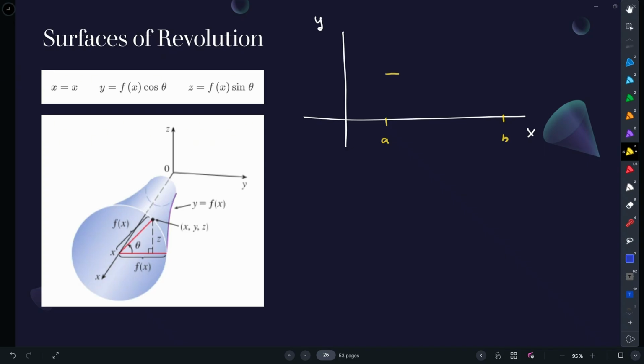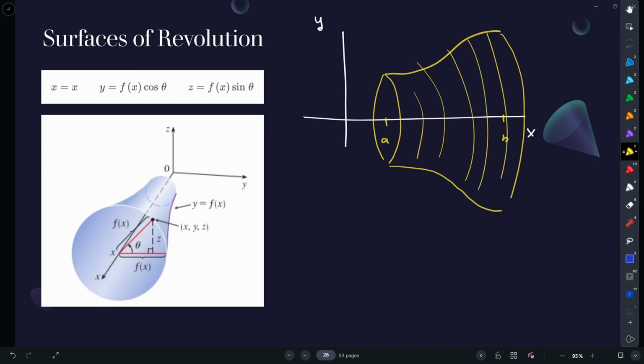You start with a graph like this, and then do a revolution about the x-axis, and that's going to give me an object like so.